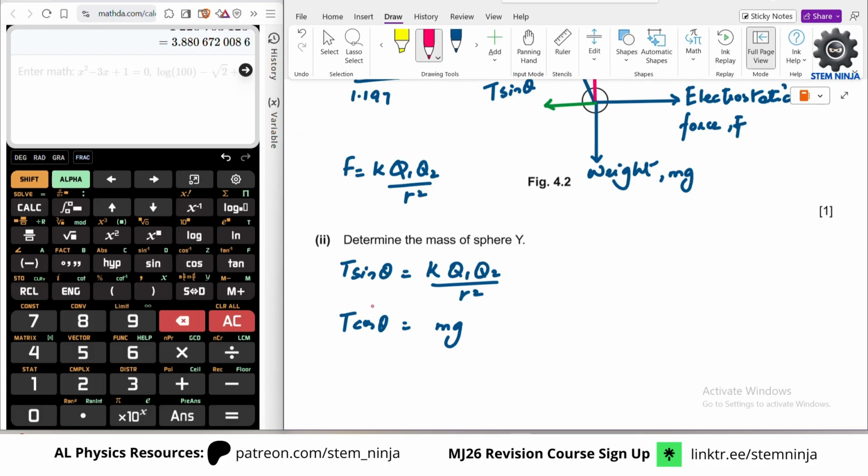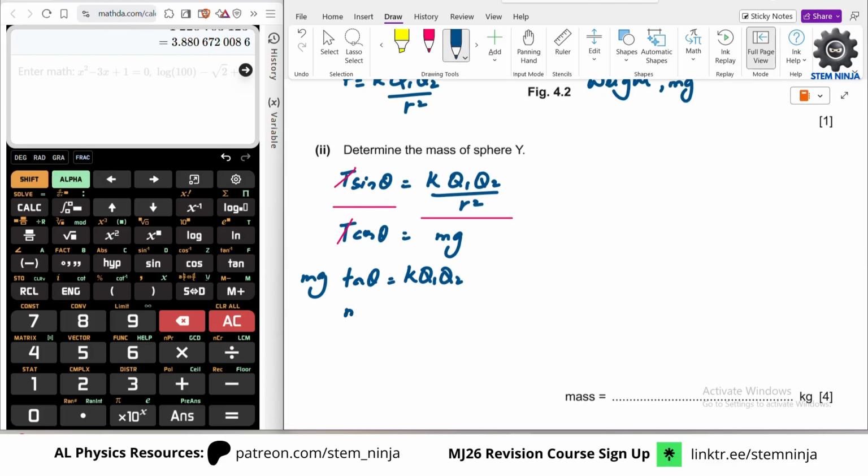So one easy way to figure this out, because we don't need to know the T, we cancel it out, and this becomes just simply tan theta equals to... basically mg tan theta becomes k q1 q2 over r squared. We need the mass, so therefore mass becomes k q1 q2 over g tan theta.